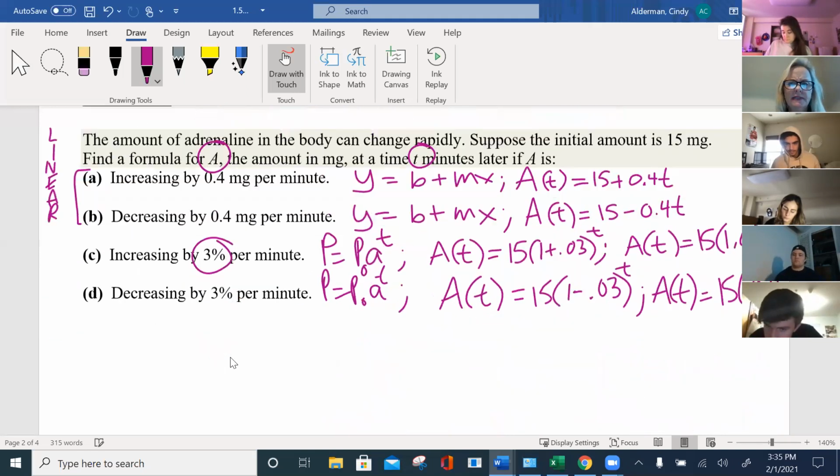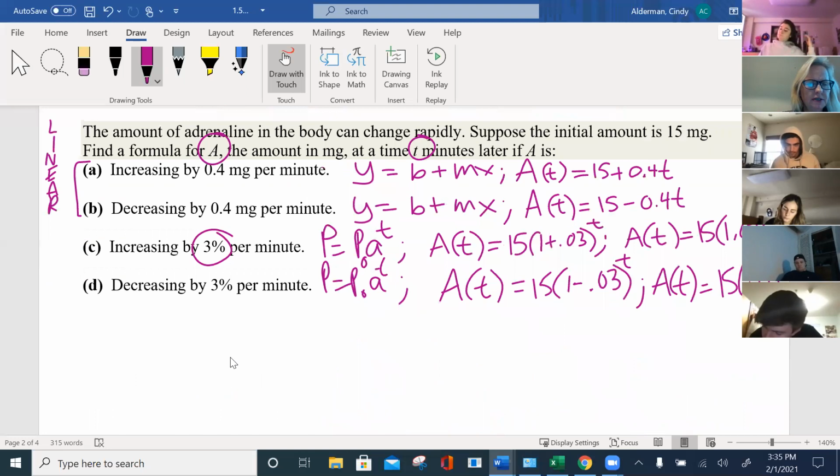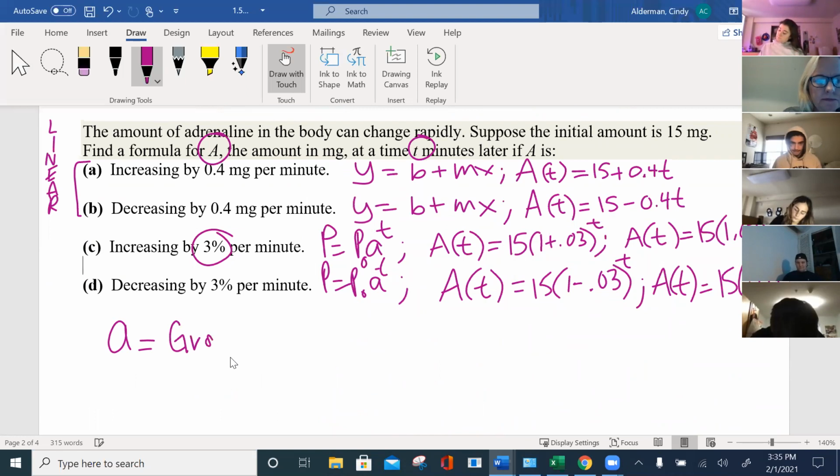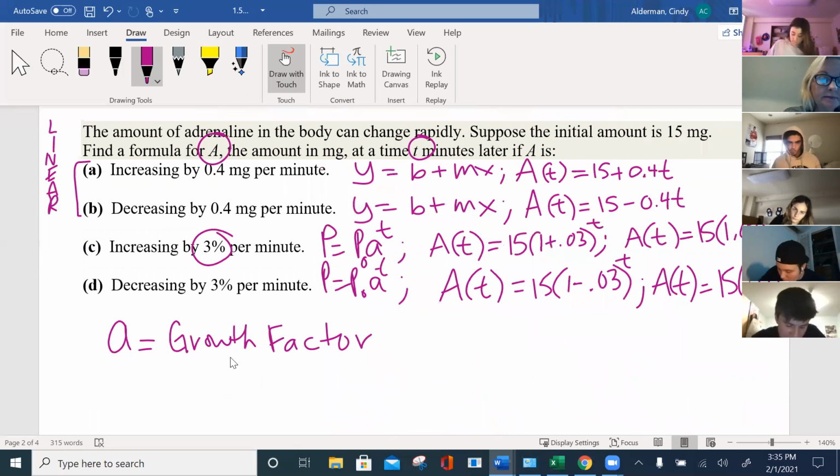Now, one little thing I want to just talk about for a second is that, remember, your A value is the growth factor. It's not called decay factor, it's just called growth factor.